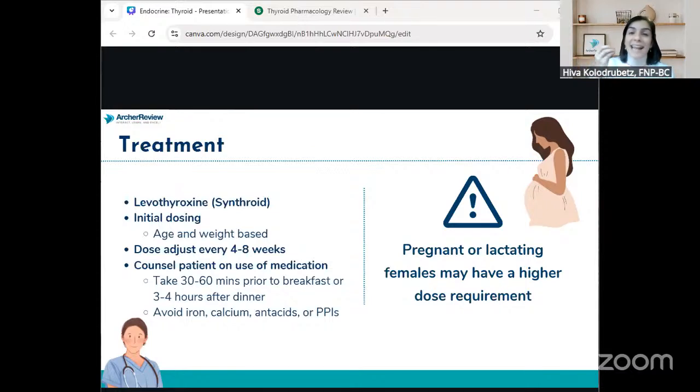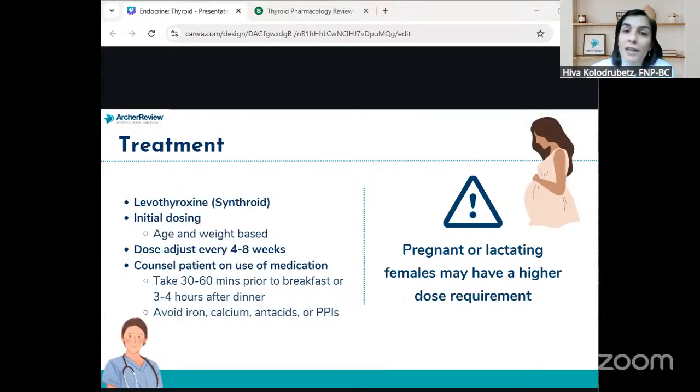This is age and weight specific. However, you would always start a patient on a low dose because you don't want them to become hyperthyroid, right? So we always want to start low, see how their body responds before we titrate up on that medication. So be really careful about this when you're starting patients on thyroid medication.